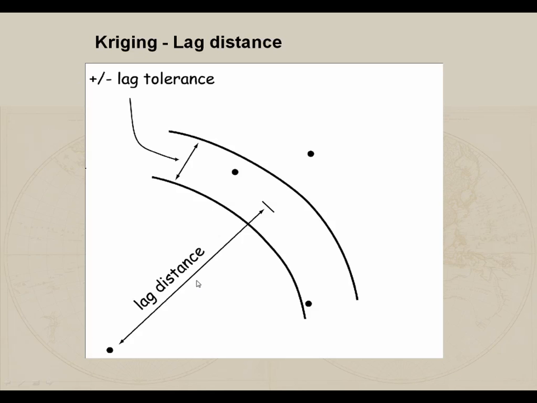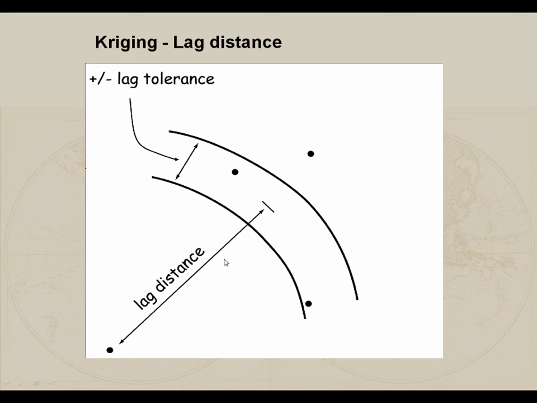Say I'm measuring a point, one measurement is a foot, another is a foot and a half, another is a foot and 3/4, another is a foot and 7/8. I could put that all together in 1 foot buckets, based on some sort of lag distance.